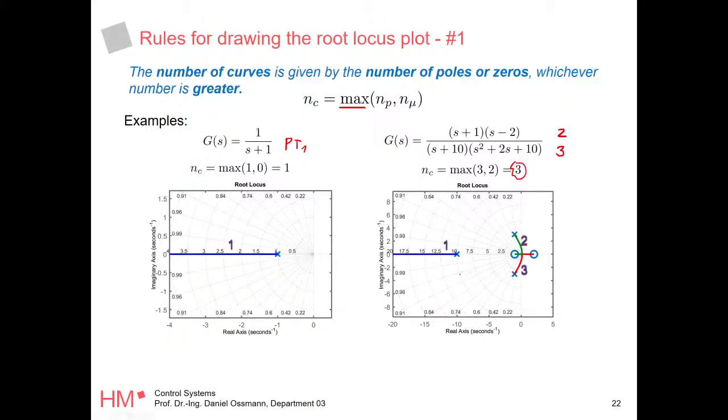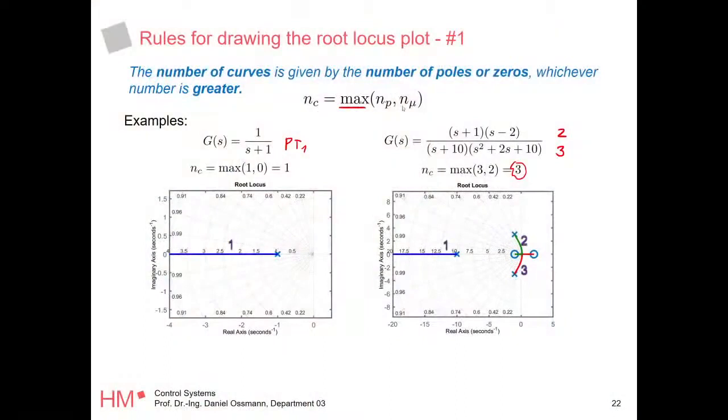The good news is we actually don't need to talk about the maximum. We can always just count the poles, because remember, a system which has more zeros than poles does not physically exist. Also, when the number is the same, it's kind of problematic. In physics, it doesn't exist.